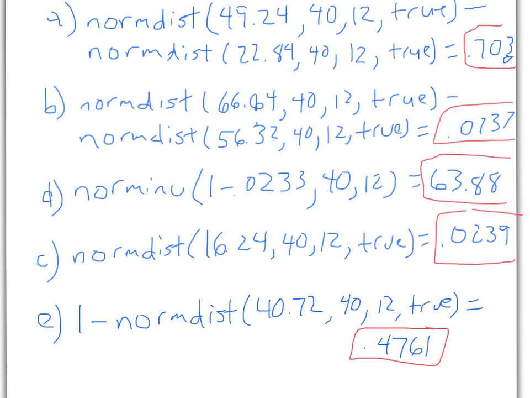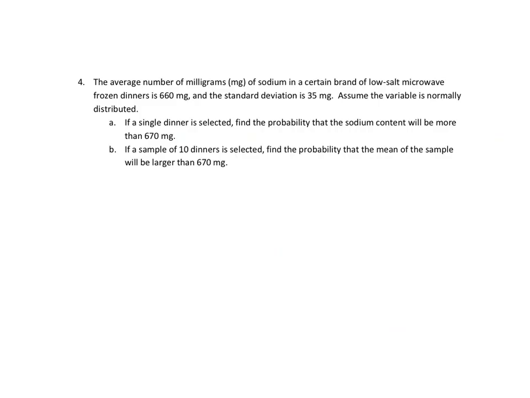Question number 4. There are only 2 questions on question number 4. The idea of this question is to show you that you have one where you have a single individual and the other one where you had an average, which means you had to take the central limit theorem. So I have a distribution, normal, 660, 35.